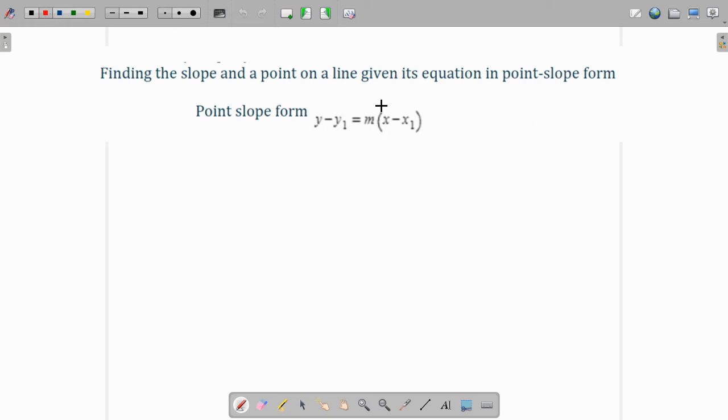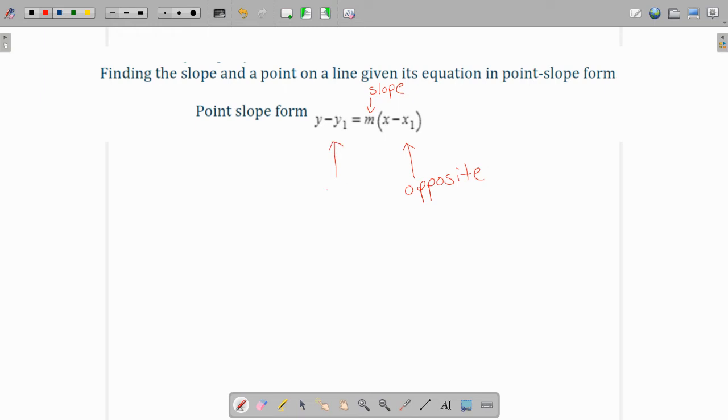Okay, next we have our point slope form of an equation. So the m is your slope, like always. And we always use the opposite here for our point.